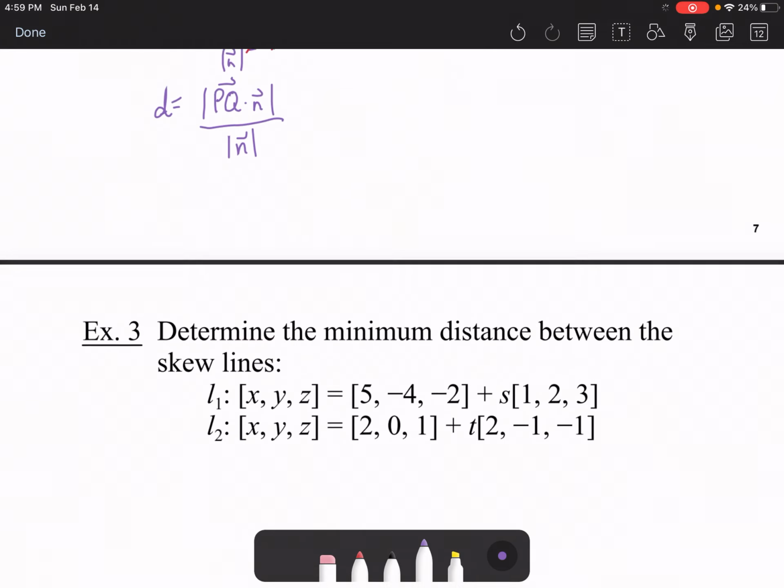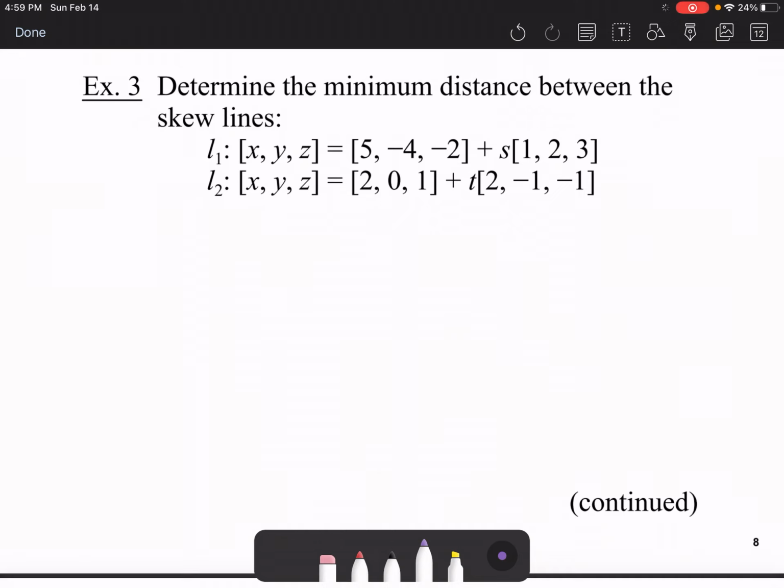So now we can actually find out the minimum distance between two skew lines. So let's find out the minimum distance between these two skew lines. No need to prove that these are skew lines, first of all. To figure out n, I'm going to write down the numbers 1, 2, 3 and 2, negative 1, negative 1 off to the side, so that I can work out my normal.